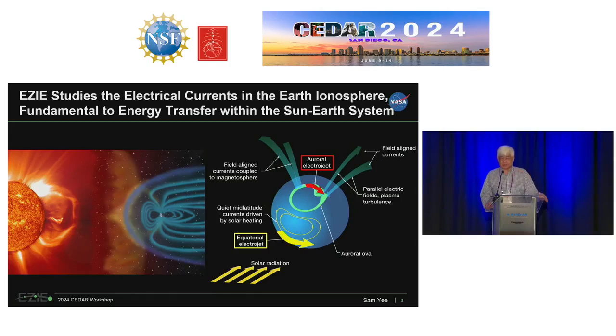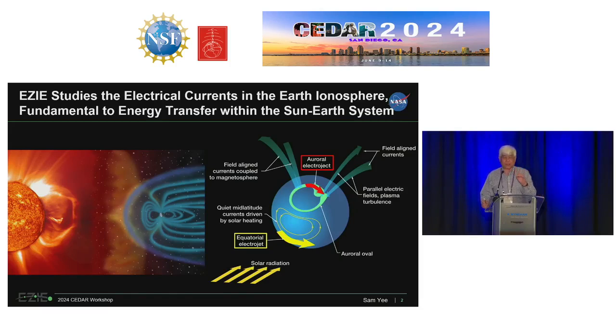There, we have the auroral electrojets, which are the closure currents of the field-aligned currents, a gigantic current system flowing from the magnetosphere to the ionosphere. Those systems, especially the auroral electrojet, contain the signature of how the magnetosphere and ionosphere are coupled, and how energy is released from the magnetosphere to the ionosphere.